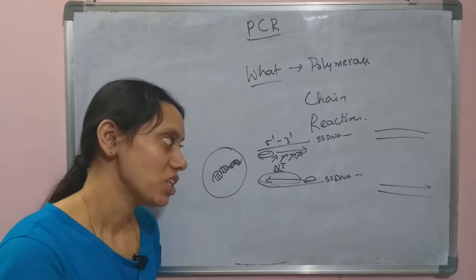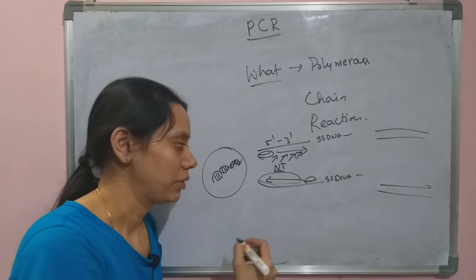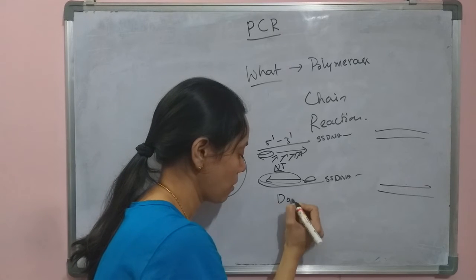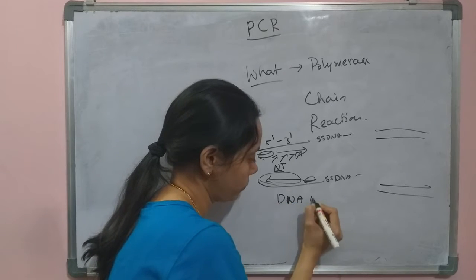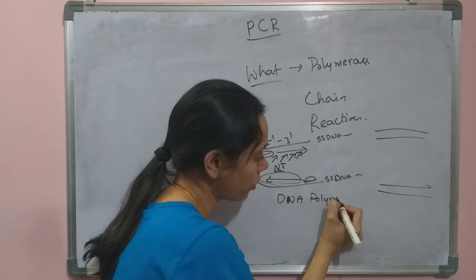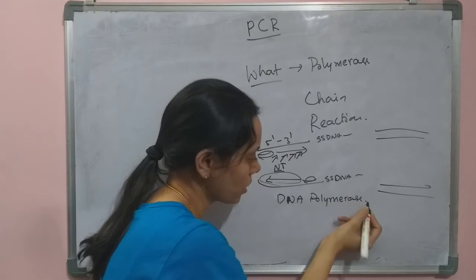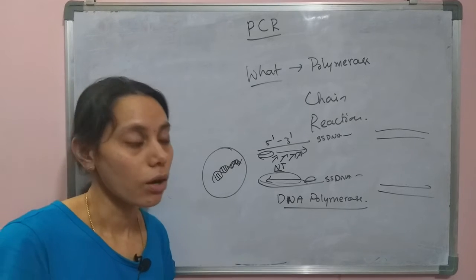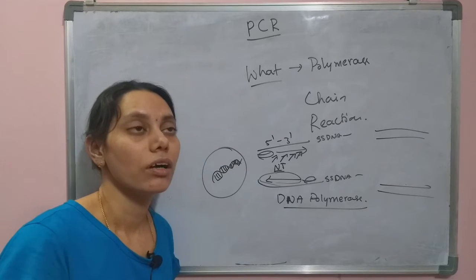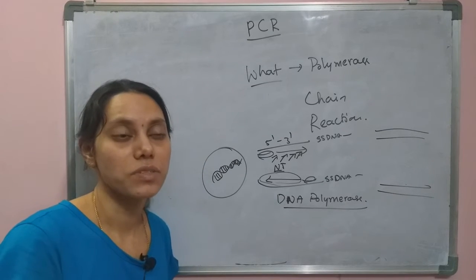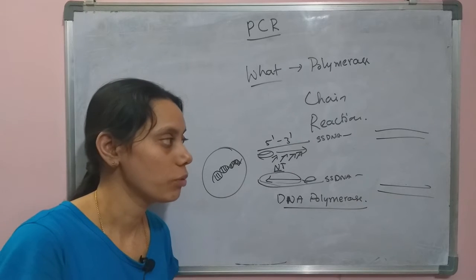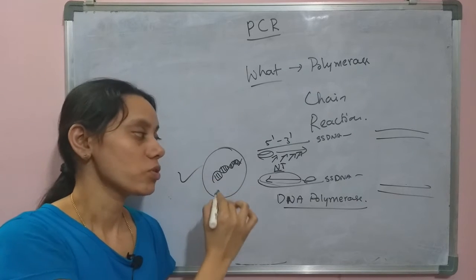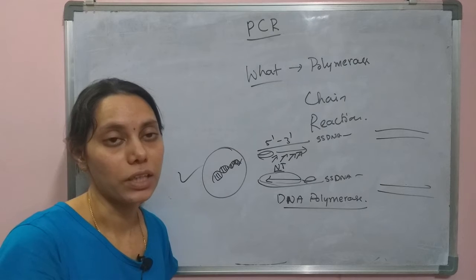The major enzyme involved in DNA replication is DNA polymerase. This is essential for DNA synthesis. Along with DNA polymerase, there are many other enzymes and cofactors, and the cell will provide a proper atmosphere for the DNA duplication.